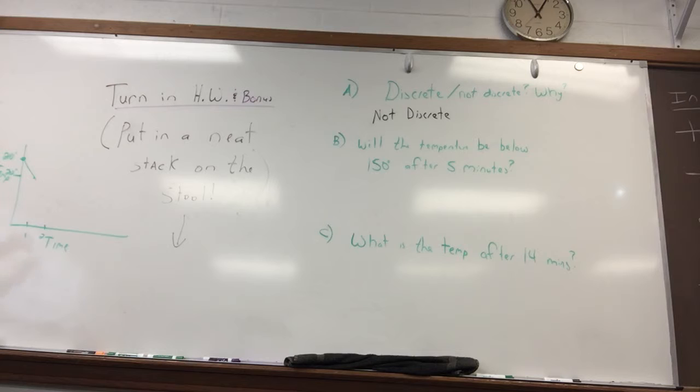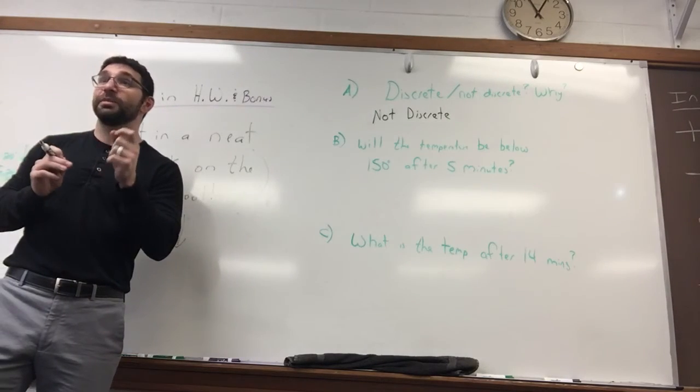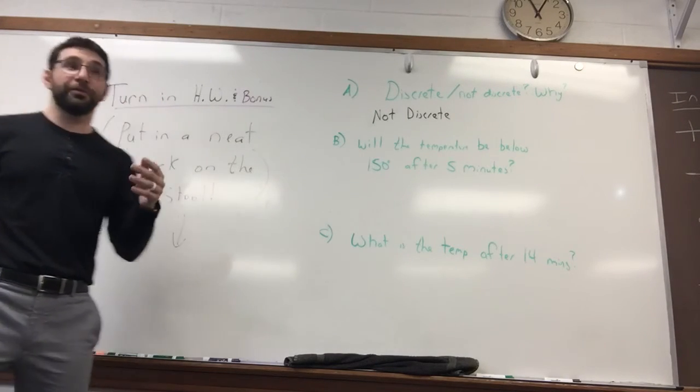So I'm going to say that it is going to stay constant because we have our constant, right? I agree with not discrete. What two things are we dealing with? Time and temperature. As soon as there's time, can we break that down into smaller parts? Once we're able to break it down into smaller parts, that's going to give me a non-discrete. But let's go a little bit further.